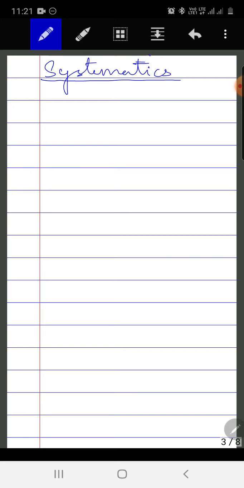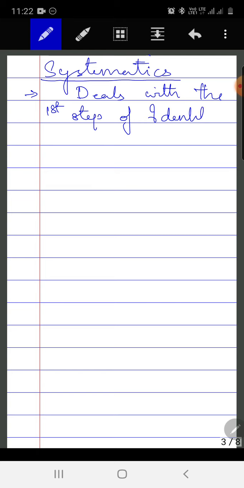Systematics deals with the first step of identification, classification, and nomenclature.